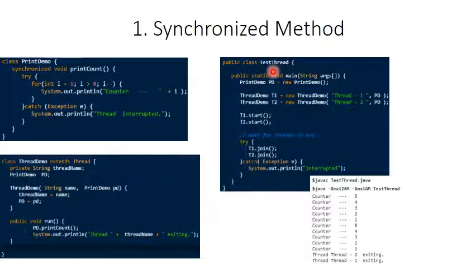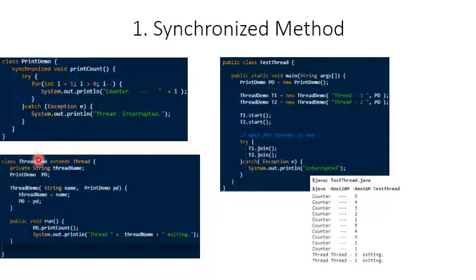So for collecting or capturing that object, we need a reference variable of that type. Here the type of this PD is class PrintDemo. So for collecting or capturing an integer, we need an integer parameter. Similarly, for collecting a reference variable of class PrintDemo, we need a reference variable of PrintDemo itself. That is why we have written PrintDemo PD here.